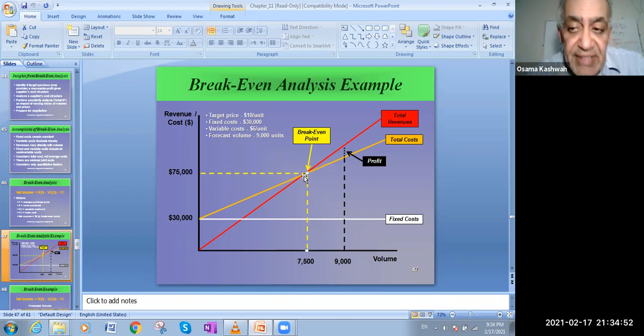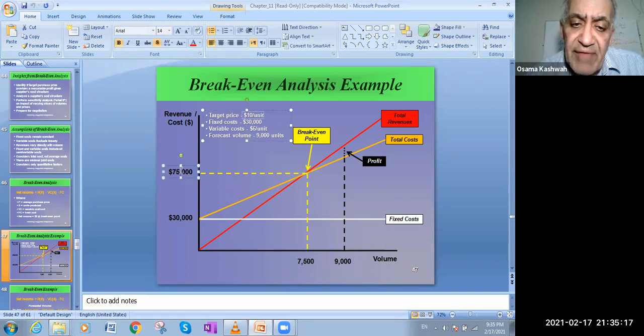Break-even analysis helps the management decide this point, so they know that if they increase production or supply beyond this quantity, they will make profits. Again, this is a quantity of 7,500 units, chocolates, cars, or whatever. Each unit is $10.